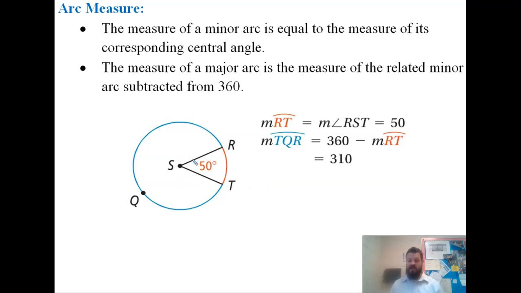We haven't given those a name yet. So for major arcs such as TQR, which you see in blue here, we'll just say it's equal to 360 minus that minor arc. 360 for the full circle minus the part we're not talking about. So 360 minus 50 will give us 310 for that major arc.